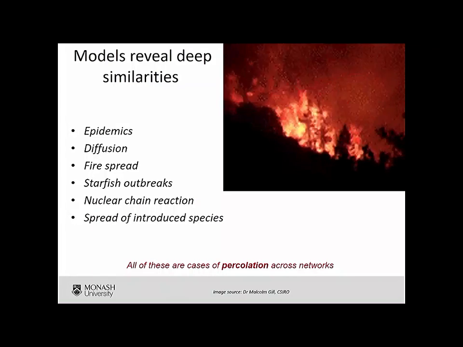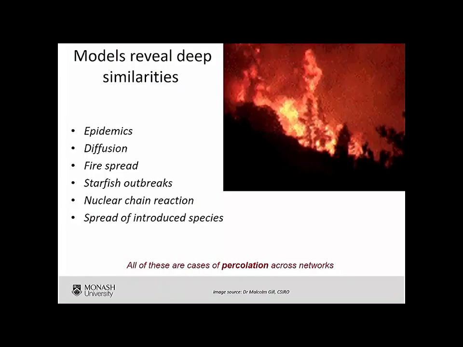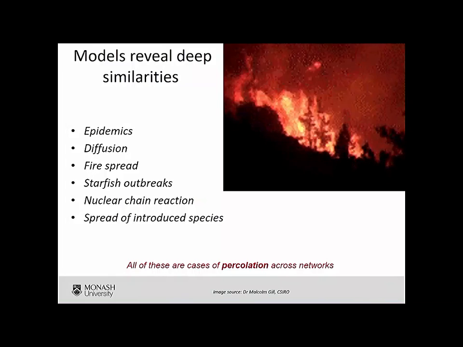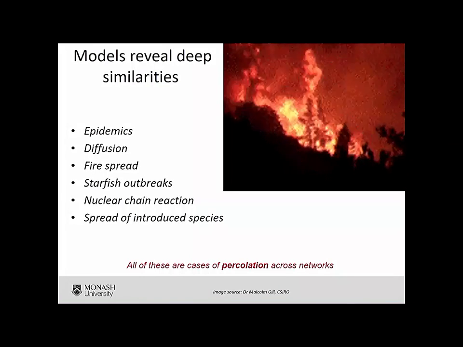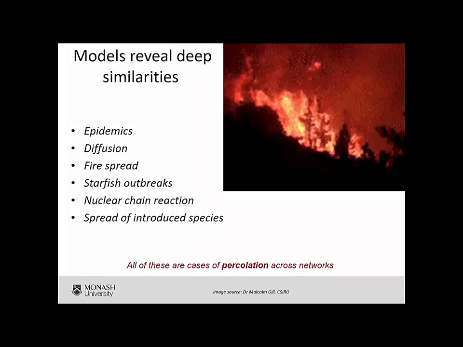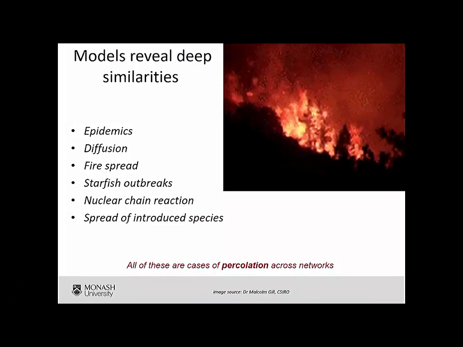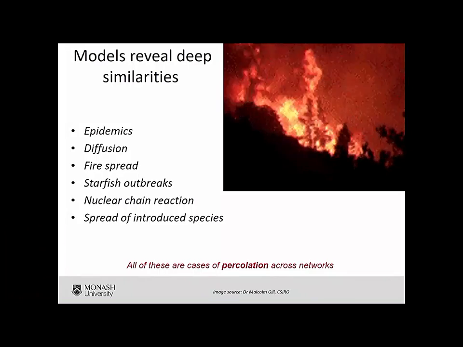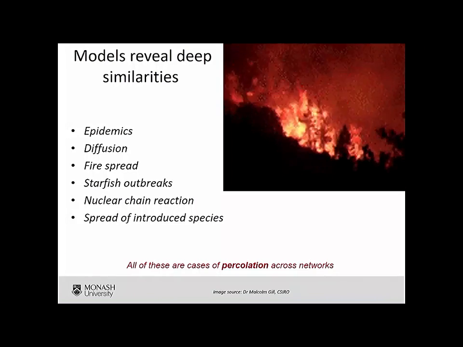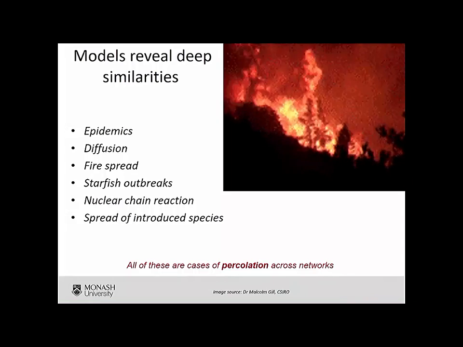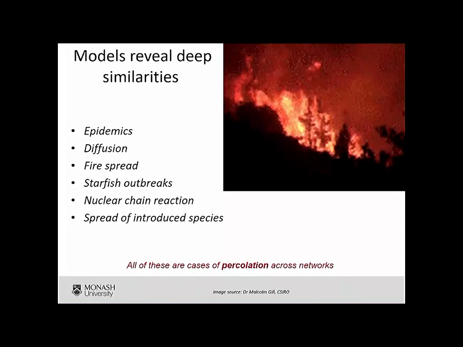If we're modelling a nuclear chain reaction because we want to get to critical mass, critical mass is the thing where suddenly everything gets hit and everything splits. So all of these kinds of models, which look completely different, are really examples of very similar things: the percolation of some kind of behaviour across a network.